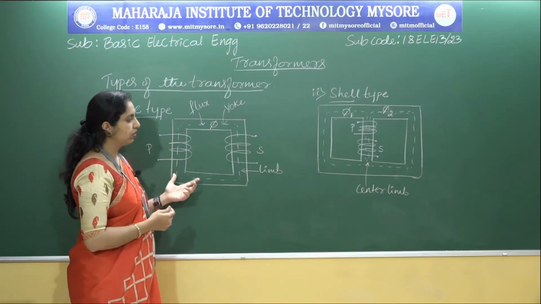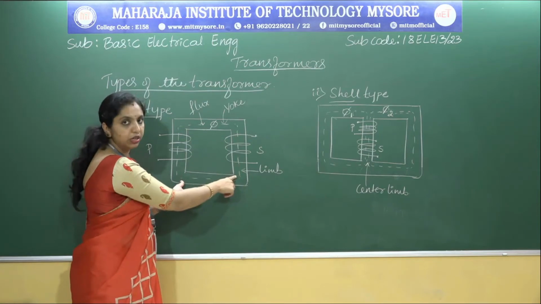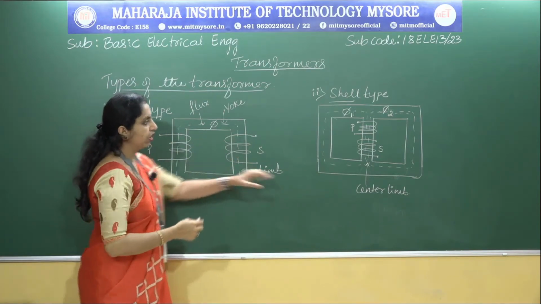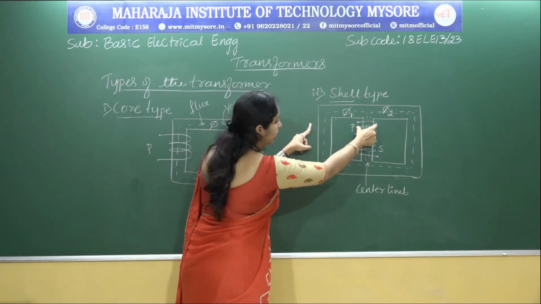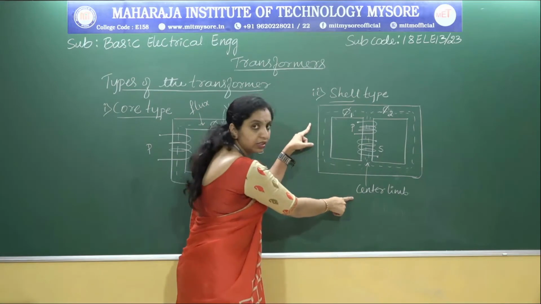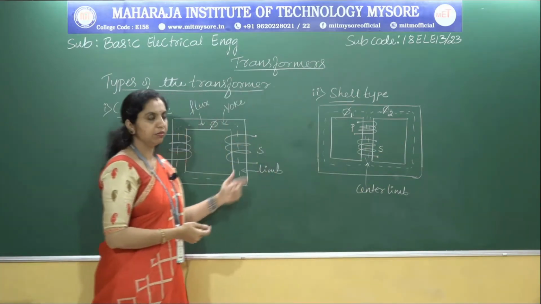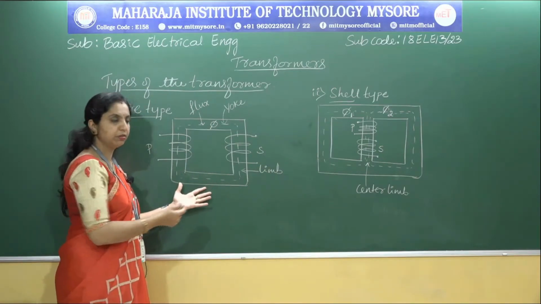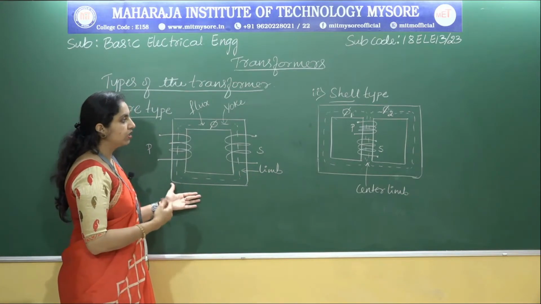The first difference is that in the core type we have two limbs, but in the shell type we have three limbs. This is the first limb, and we have one more limb called the center limb and another limb. So it has three limbs. The first difference is that it has two limbs, but in the second type we have three limbs.